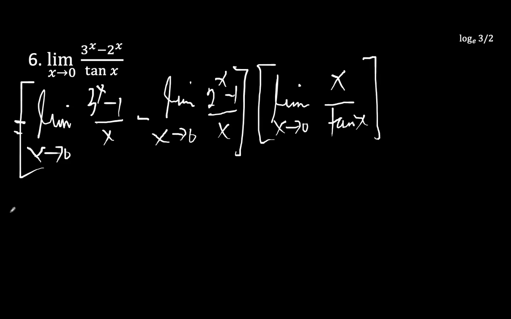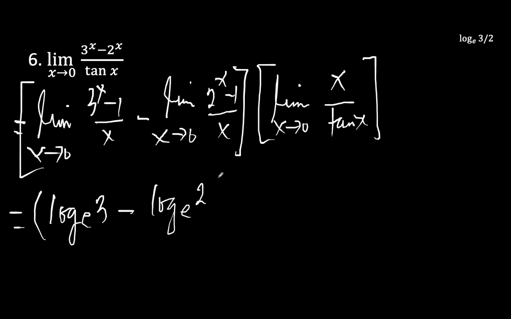Okay, here we go. So let's simplify this. What's the answer here? The answer here is based on the theorem. That's the logarithm of 3 with the base e, minus the logarithm of the given base 2 with the base e, times, what's the limit of x over tangent x? Now, how do we deal with this?